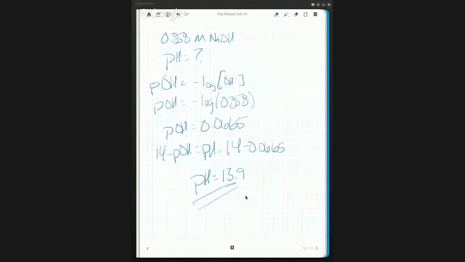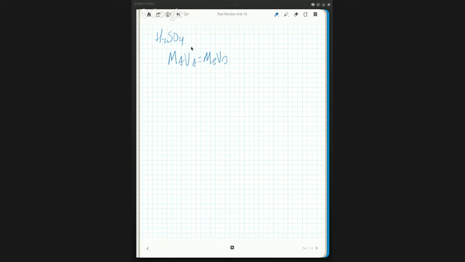All right. Before I leave acids and bases and talk a little bit about the review questions, I also want to make mention, and I don't know if it's on the test. I expect it to be on the test, but I could be wrong. If it was H2SO4, and we're going to do the molarity, MAVA equals MBVB, you know that you have to double the concentration, right?